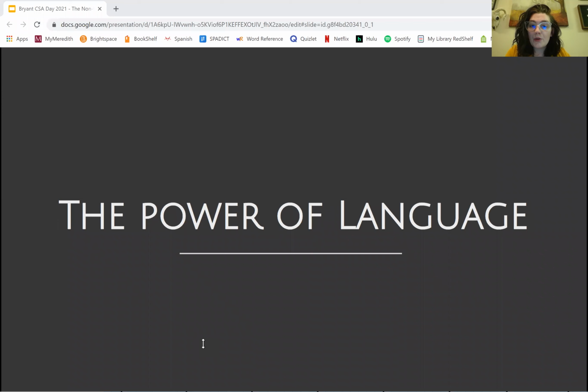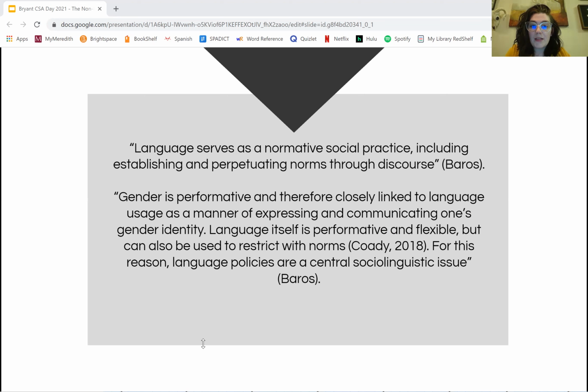So we know that using the correct pronouns and creating a supportive environment has a dramatically positive effect on transgender people. But how much can we really change by simply adjusting our vocabulary? Language is a social practice. We create new words all the time in both positive and negative ways. Repetition of language manifests normativity.